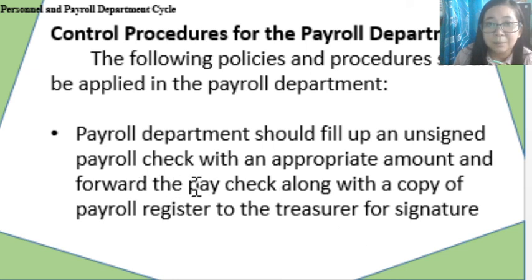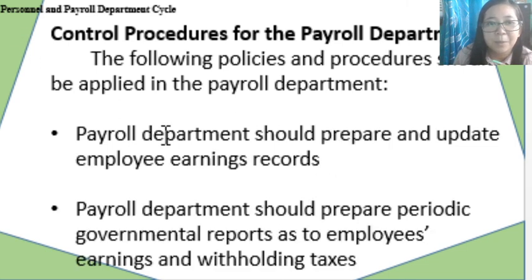So here, normally, this is prepared, and then later on, the treasurer will do the other necessary further process for the payment of the salaries and wages of the employees. So the payroll department is only responsible up to this extent. The payroll department should also prepare and update the employee earnings record. So if there is any increase in the particular salary of an employee, they should note that.